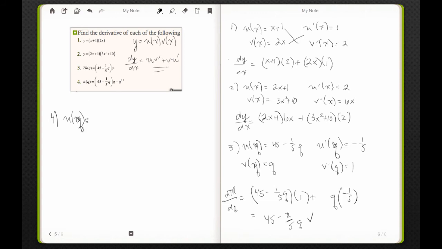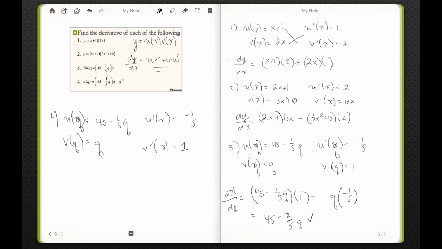It doesn't matter. So the first function is 45 minus 1/5 q. The second function is the same thing, just that q. So u prime of x is equal to negative 1/5, and v prime is equal to 1.